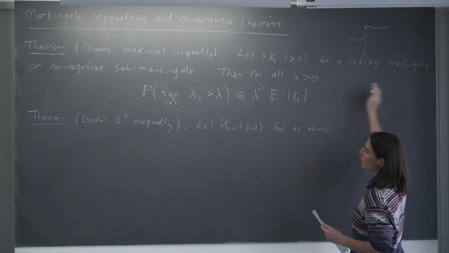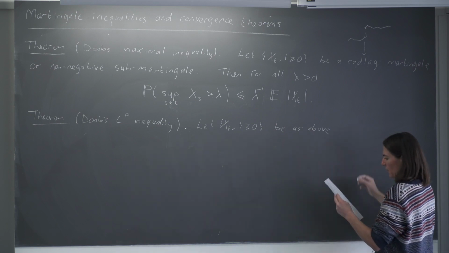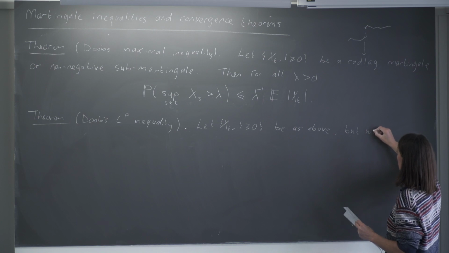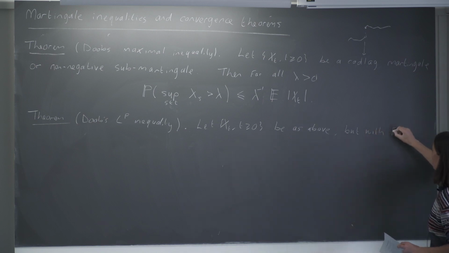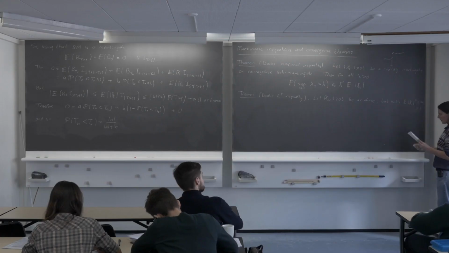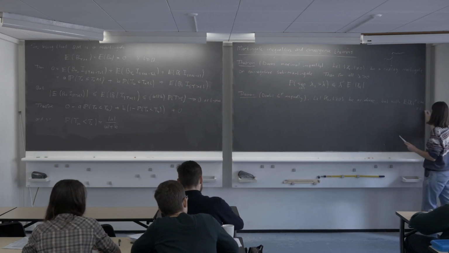So a càdlàg martingale or non-negative sub-martingale, but with expected value of X_t to the p being finite as well for all t, so it's got finite pth moment.